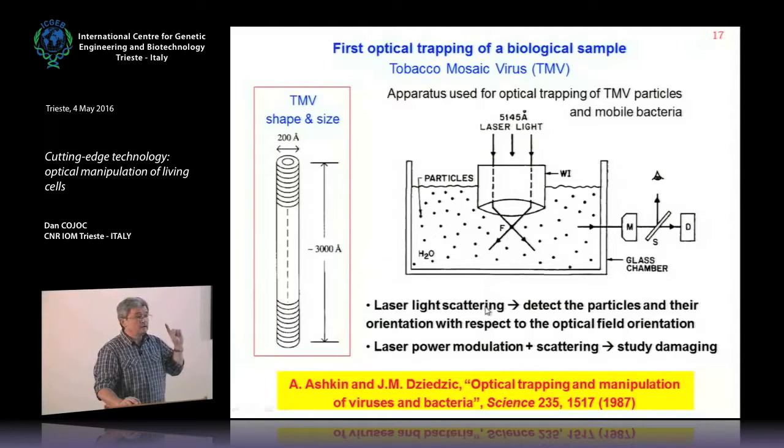Moreover, they were able to detect the particle and its orientation with respect to the optical field orientation, and also how many particles, and from the scattering to know also how much it is damaged. They increased the power of the laser, and observed when they killed it.